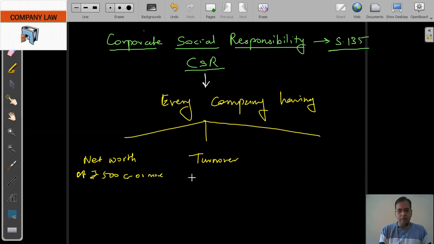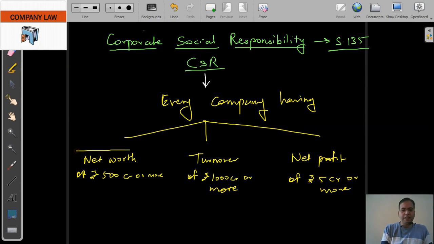Turnover of rupees 1000 crore or more. And third one, net profit of rupees 5 crore or more.